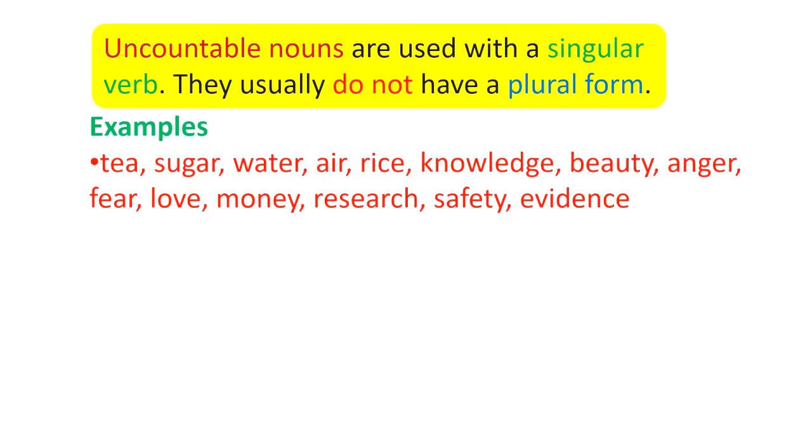Here are some examples of uncountable nouns like tea, sugar, water, air, rice, knowledge, beauty, anger, fear, love, money, research, safety, evidence. So let us see it with more examples.